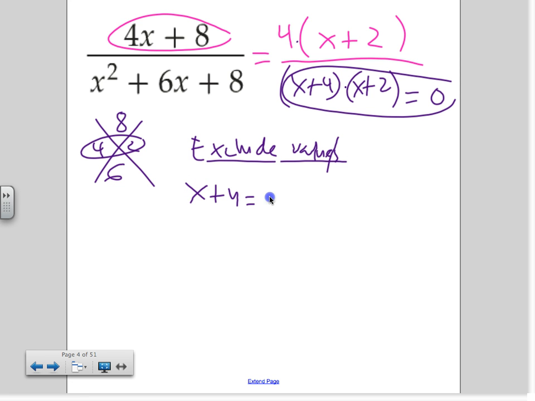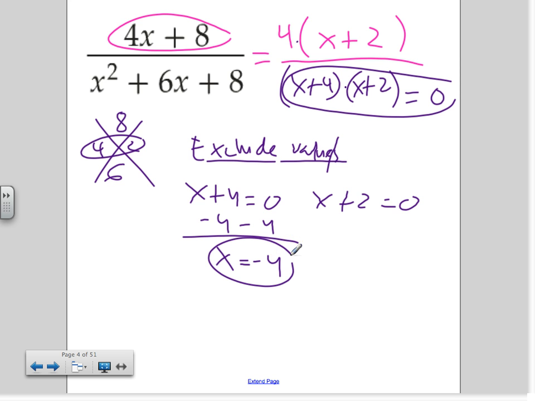X plus 4 equal to 0, that's one case, and x plus 2 equal to 0, that's another case. Shockingly enough, people tend to forget how to solve for x. Subtract 4, right? Okay, subtract the 4, x is negative 4. What about the other one? Subtract 2, so x is negative 2.